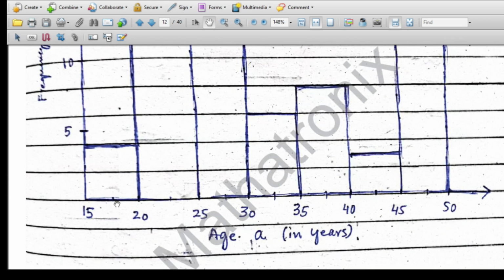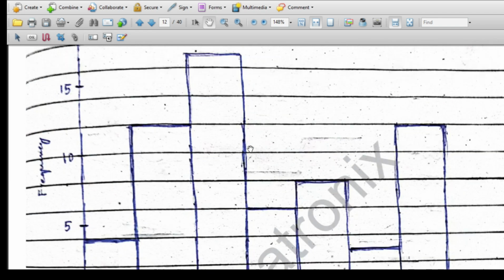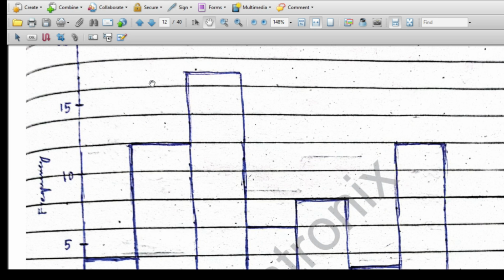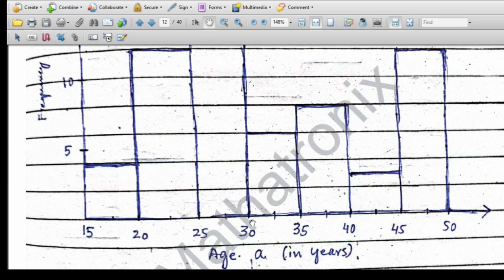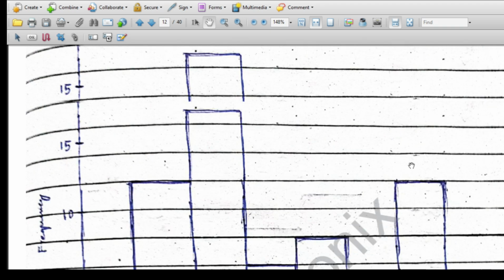For 15 to 20 we have 4, and for 20 to 25 this is 12, for 25 to 30 we have 17, and for 30 to 35 we have 6, and 35 to 40 we have 8, and for 40 to 45 we have 3, and 45 to 50 is 12.